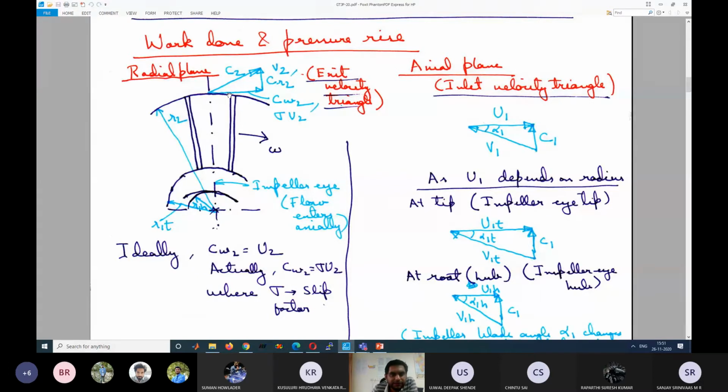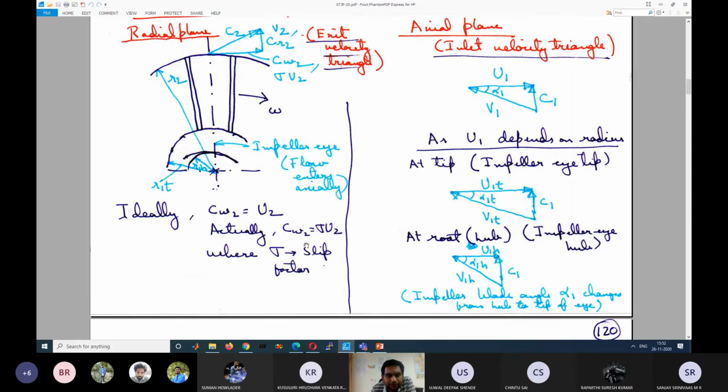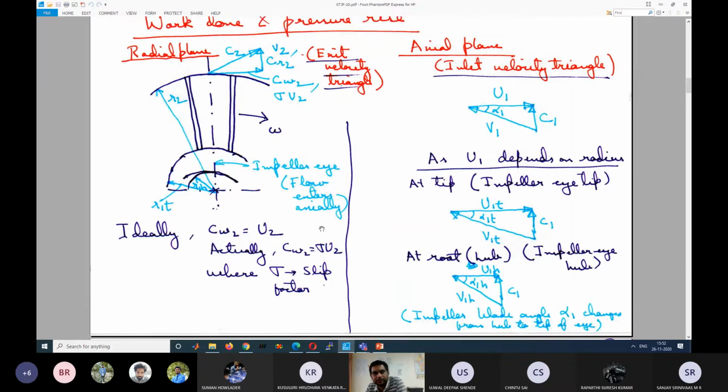But in real life, there is some slip because there is some space between the blades. So the blades cannot impart a velocity exactly equal to the blade velocity. Although the blade velocity is U2 in this direction, the fluid does not get up to the blade velocity. It is slightly less than the blade velocity. Okay, so this is denoted by a factor called the slip factor, which is less than 1, around 0.9.